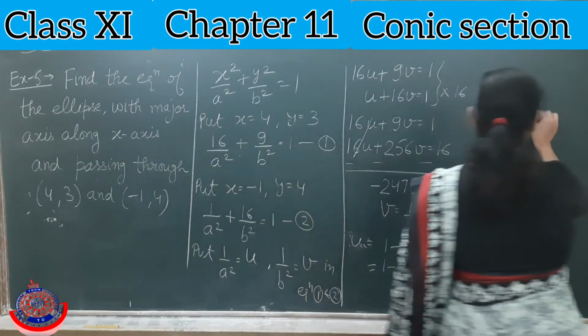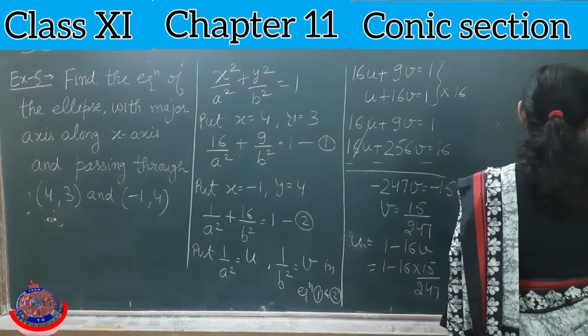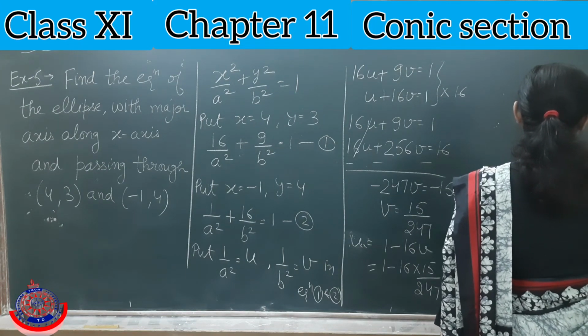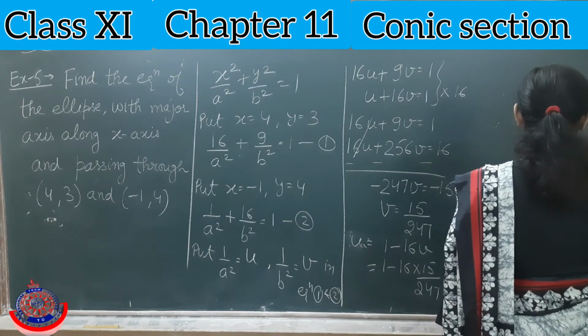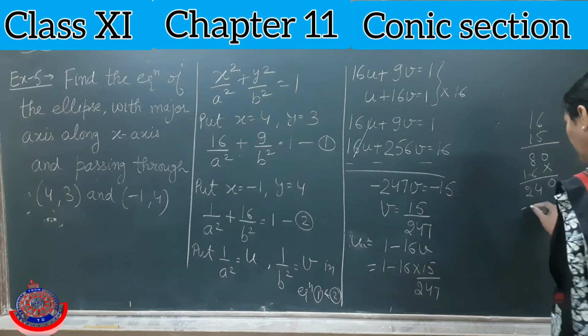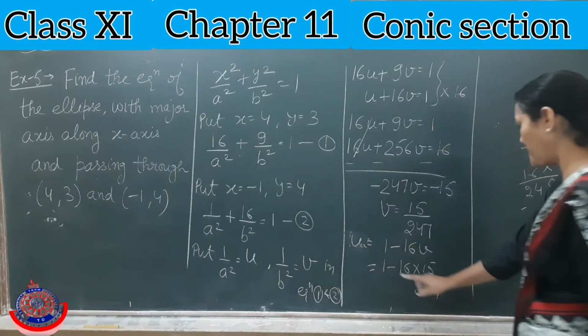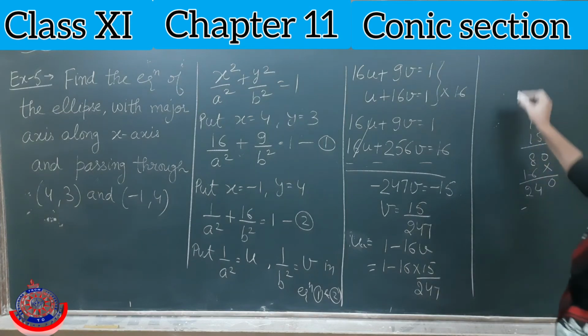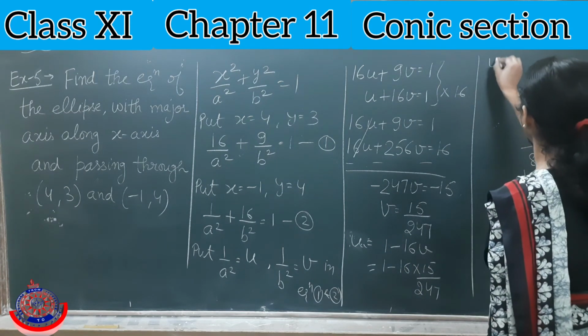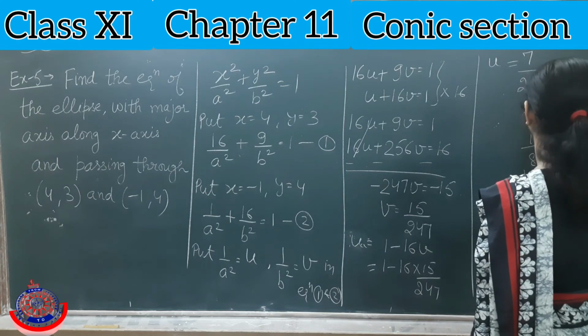So we are getting 16 into 15, minus 247, that means we have obtained 247 minus 240, that will be, u will come out to be 7 upon 247.